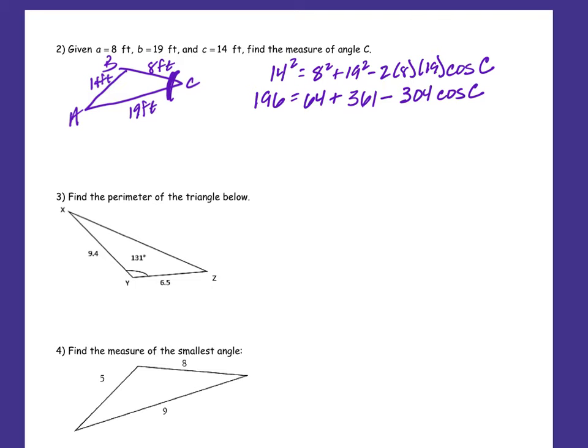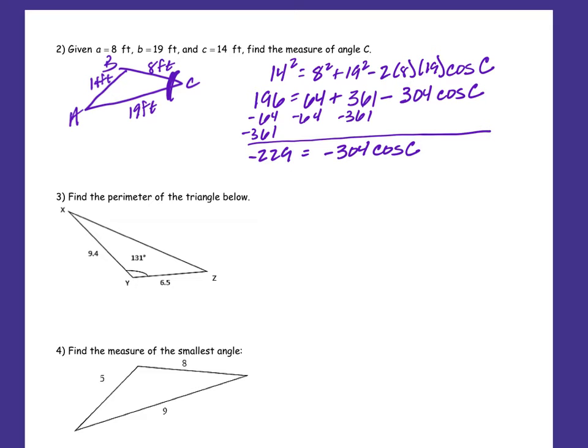All right, now I'm going to subtract 64, and I'm going to subtract 361. So I've got 196 minus 64 minus 361 is negative 229 equals negative 304 cosine of C.